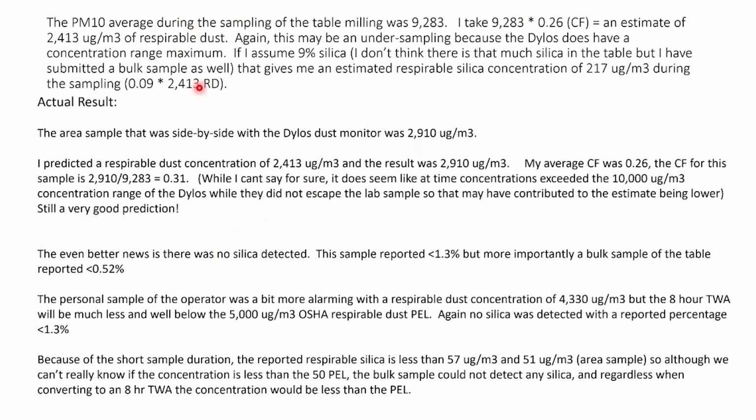Not having any idea for this 80 minutes of sampling what the possible respirable dust concentration was, I think this is a pretty good guess, and this is evidence that the correction factor gave me a good estimate of respirable dust. So I predicted 2,413, and at the controls there is actually 2,910. That's where you can get into the semi-quantitative part of this.